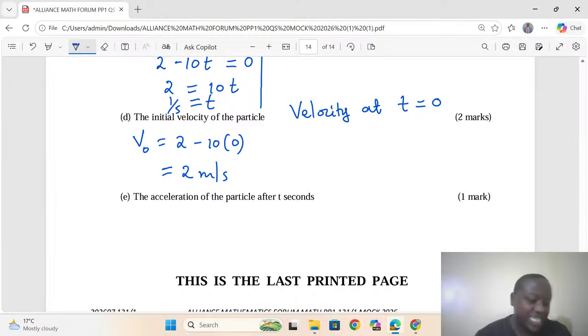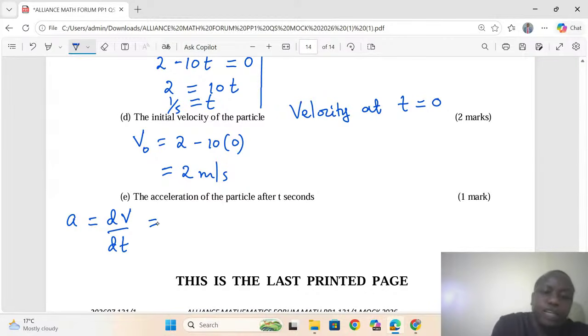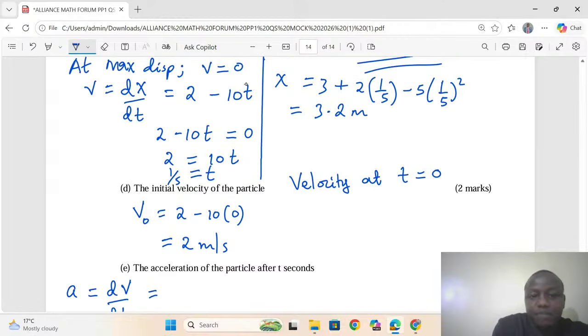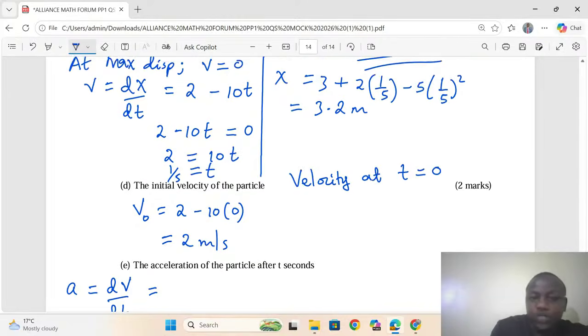Can we check part E of this question? In part E, we're being told to find the acceleration of the particle after t seconds. Acceleration is given when we differentiate velocity with respect to time. So we differentiate the velocity function. 2 is a constant, so it will disappear.